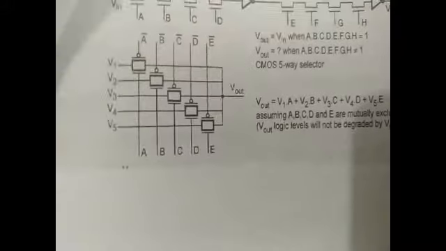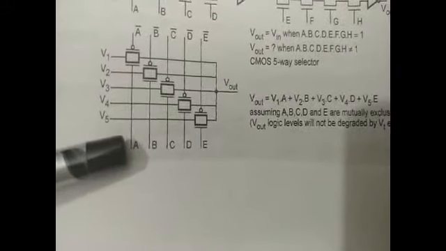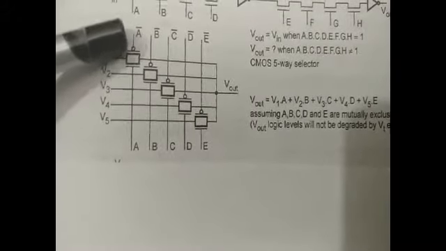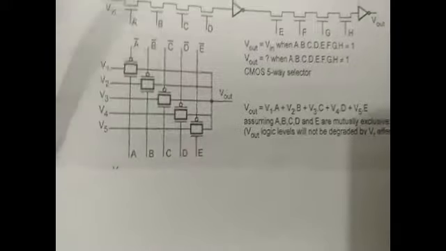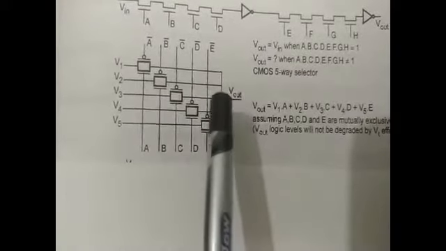Okay, next we are going through the 5-way selector, that is a transmission gate, a TG gate. See here, A and A bar are generated with V in. If A is equal to 1, then obviously A bar is equal to 0. When A is equal to 1 the NFET is on, and since A bar is equal to 0 the PFET is on, so whatever the V1 value is, you will get at V out.